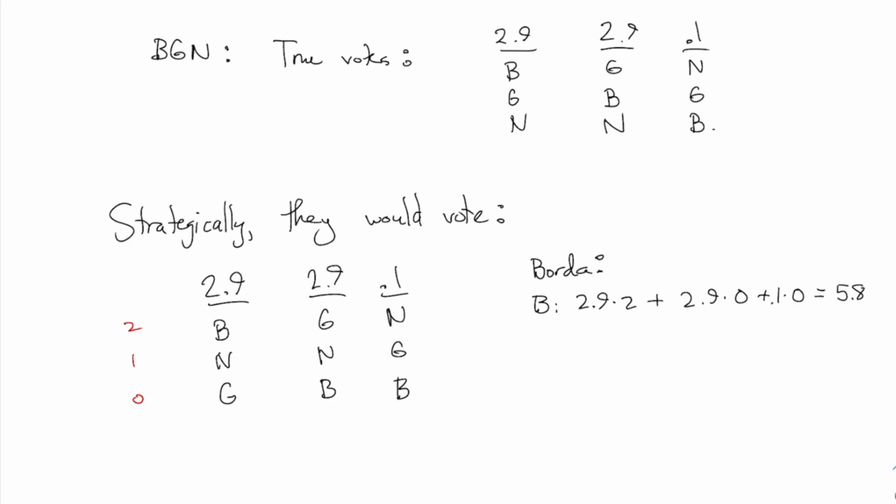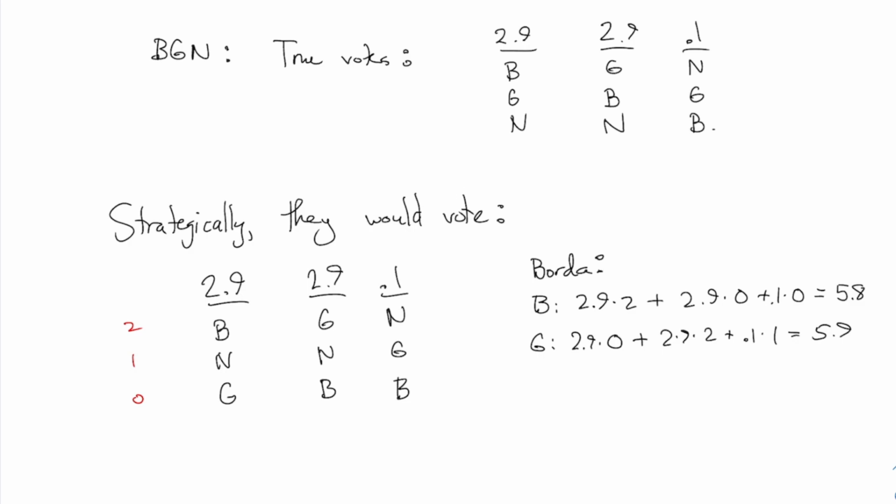All right, Gore is on the bottom in the first column, so that's 2.9 times 0, plus the top of the next column, 2.9 times 2, plus the 1 point from the last column, 0.1 times 1. Add this together, it's 5.8. No, 5.9, right? A little bit more. They got that last column, 1 point.